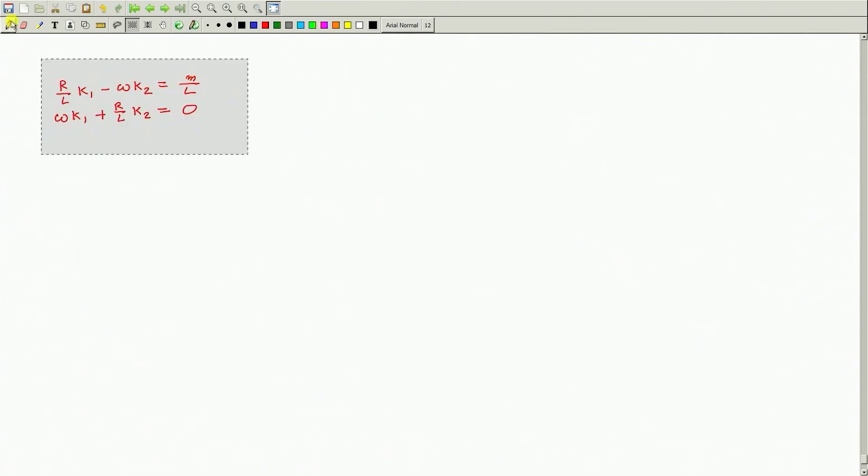Only thing is it is V m, that I will write. So, the previous two equations are these, and I have to solve for them. From this equation I will say that r by L k 2 is equal to minus omega k 1, so k 2 is equal to minus omega k 1 into L by r.